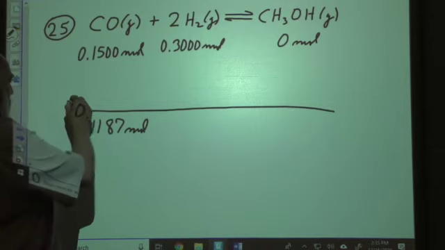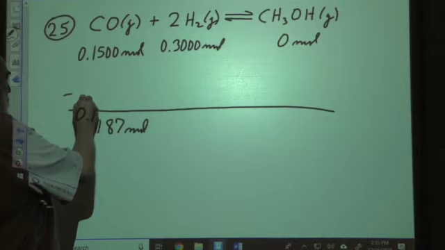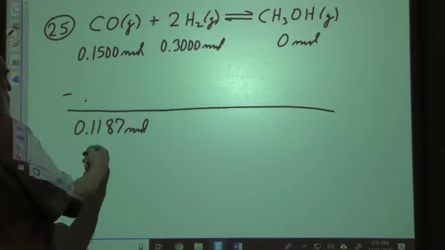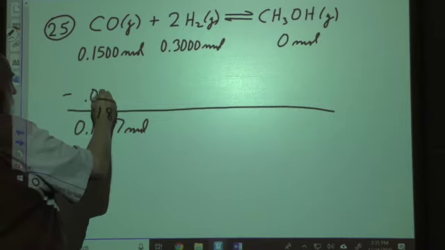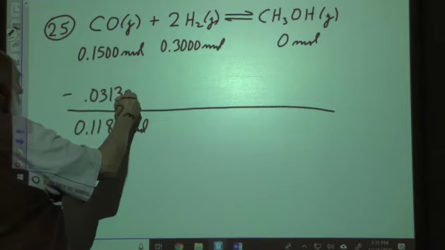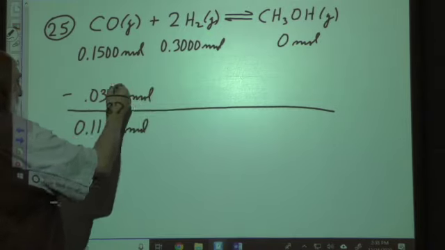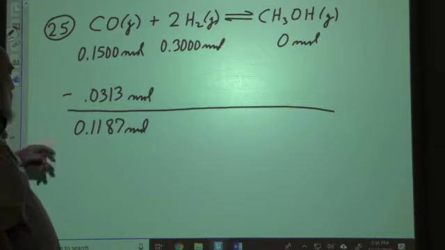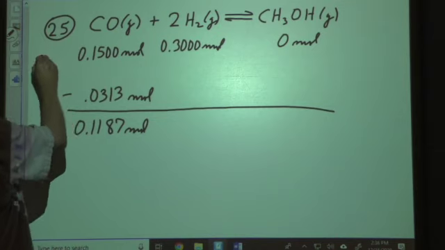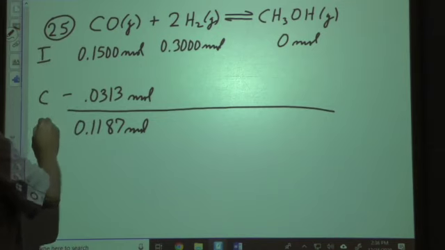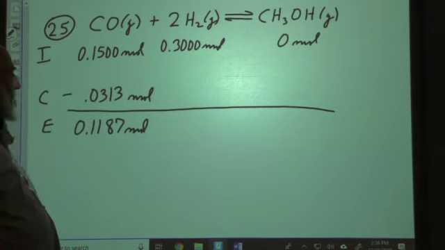So that means that we've lost, when you subtract these two right here, 0.0313 moles. That's going to give us that value right there. So we have to subtract this from this to figure out what the change was. Change, you say? I say yes, because it's ICE. Cool, huh?